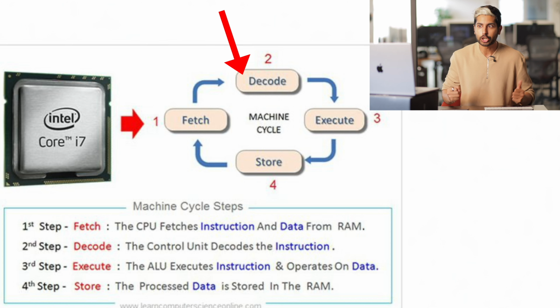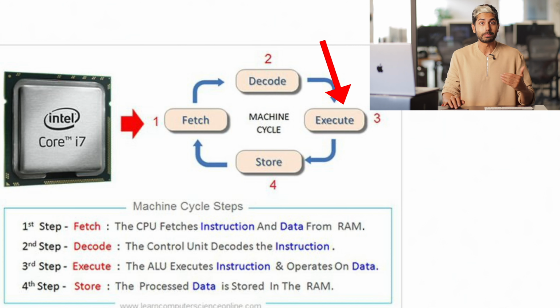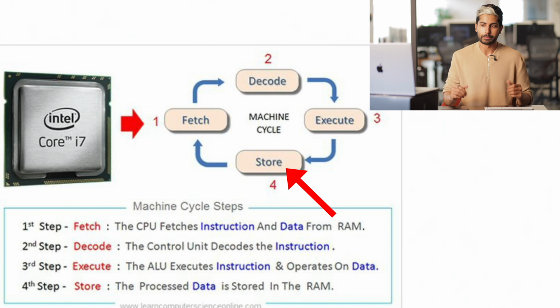The next step is to decode those instructions into commands. Those commands are specific to that CPU architecture. The third step is to execute those commands. And every CPU has an arithmetic logic unit, which contains all these possible logical computations that could occur. And the last step is once those computations have occurred, store those results in memory.